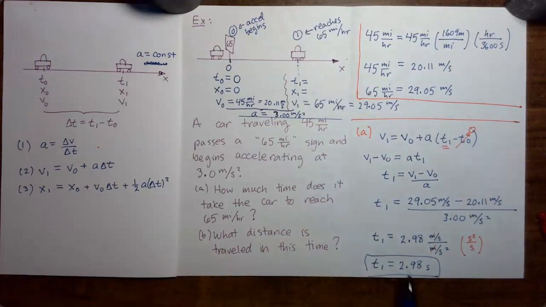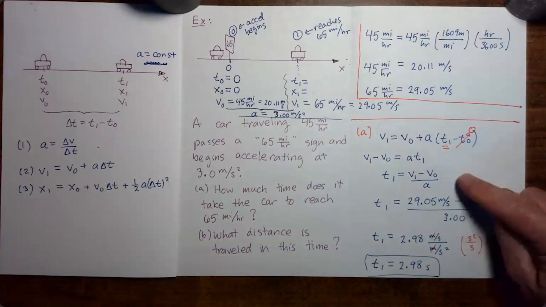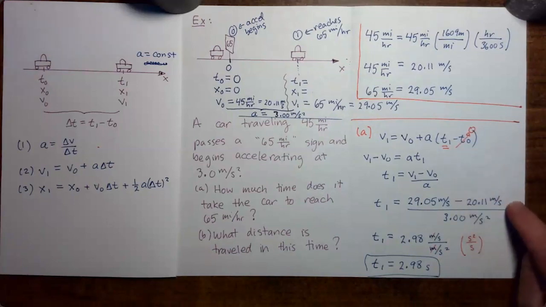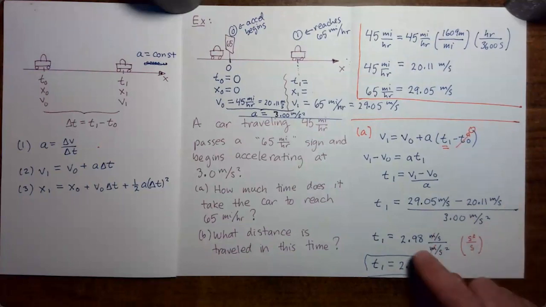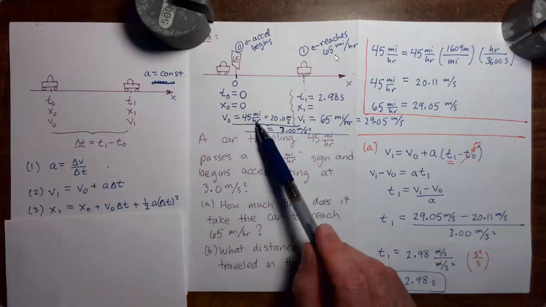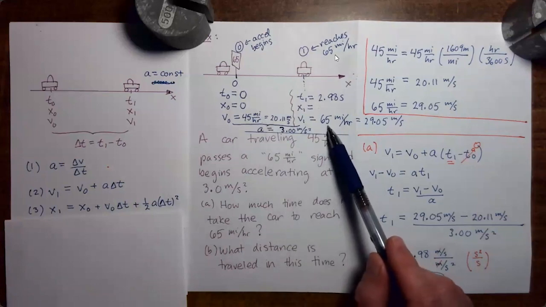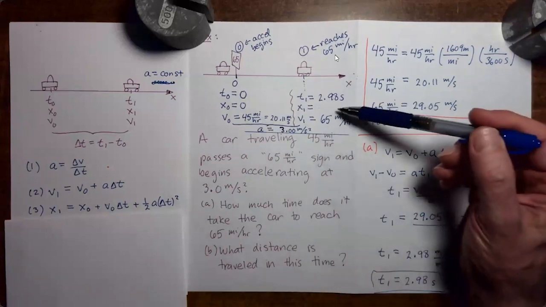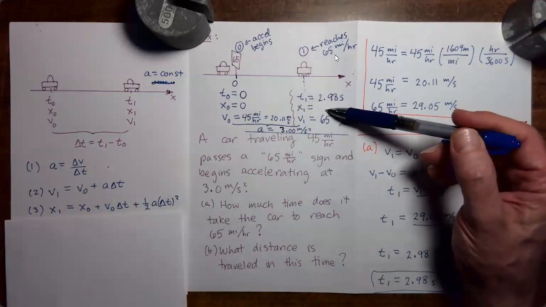Okay, so make sure in any of the homework problems that you do, solve symbolically first, then make substitutions of numbers along with units. And when you calculate the numerical value of the answer, you calculate the unit as well. Now we're going to solve for the distance that the car traveled as it was increasing its speed from 45 miles per hour to 65 miles per hour. In other words, we are looking here for x1.